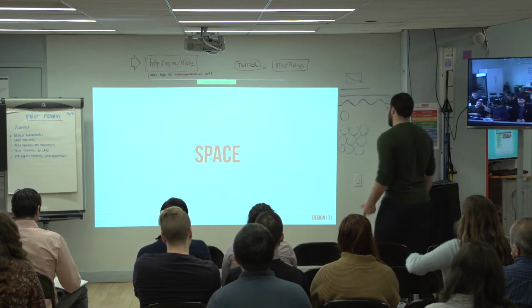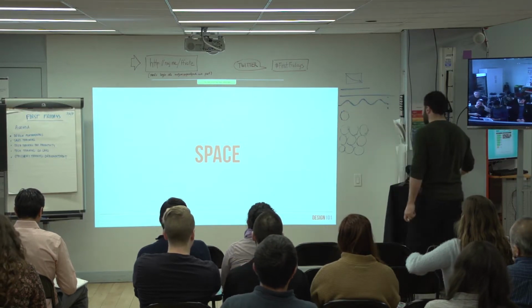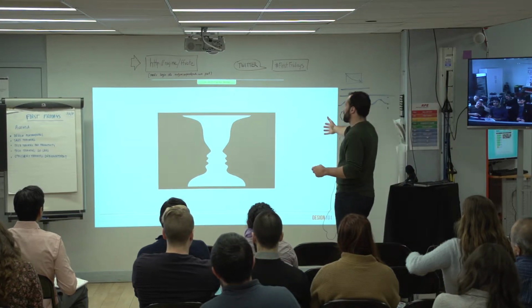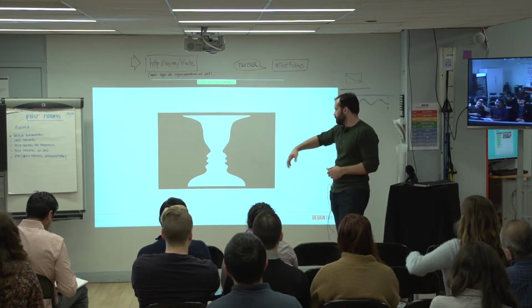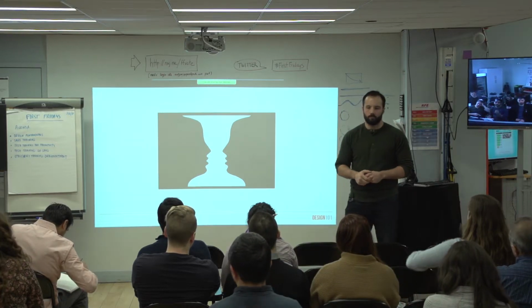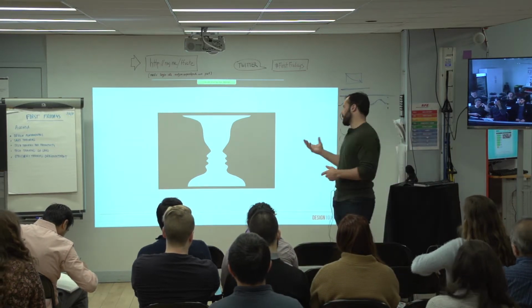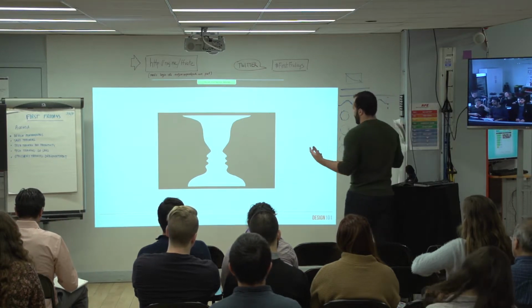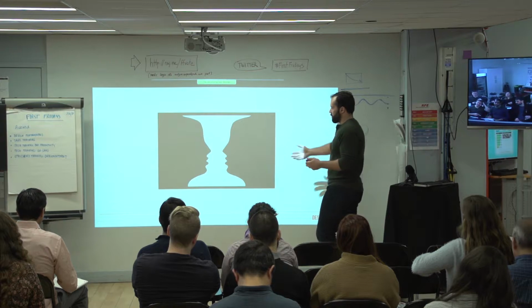Right? There's all different types of space as well. Negative space. This is probably one of the most common depictions of space that you learn. What do you see? You see the vase or the chalice, whatever you want to call it, or do you see the two faces, right? This is negative space.